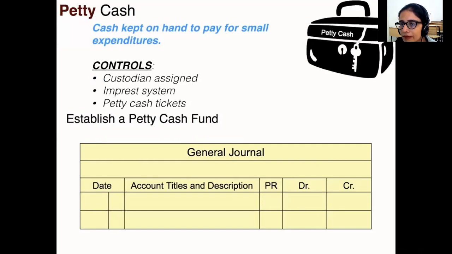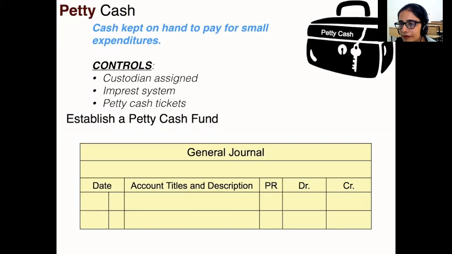There's also something called an imprest system that typically petty cash will follow. The imprest system simply means if you have a petty cash fund that has $200 in the fund, it stays at $200. So when transactions affect the petty cash fund, they're actually affecting cash, not petty cash.